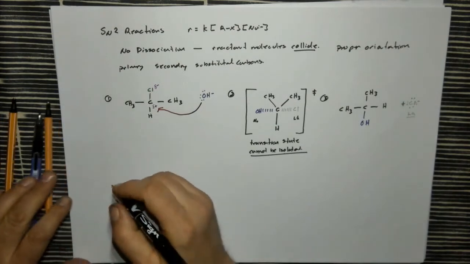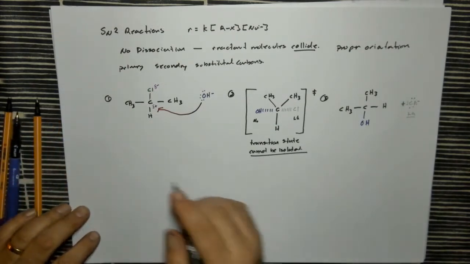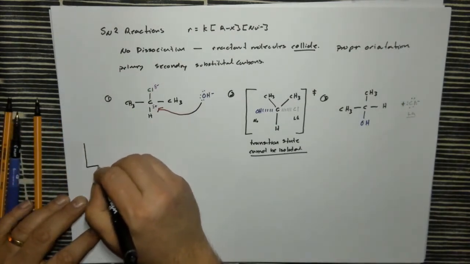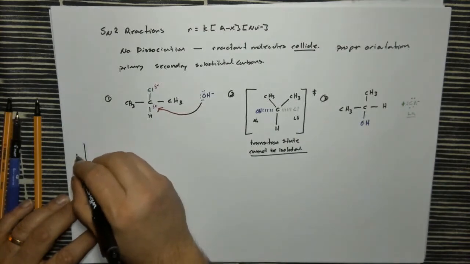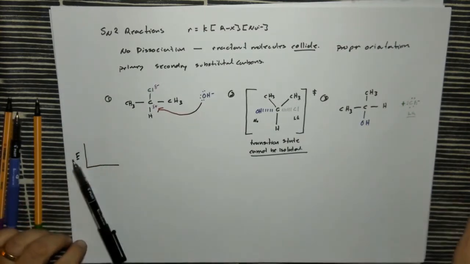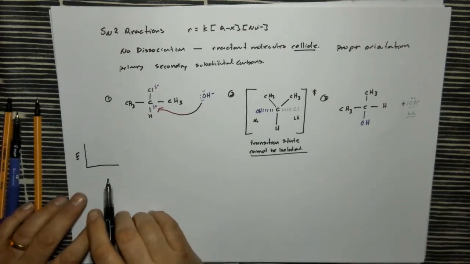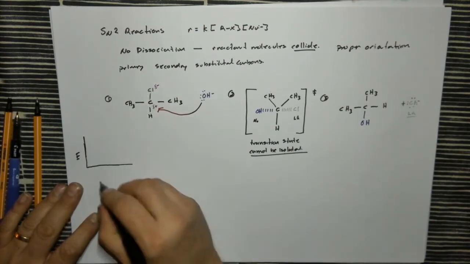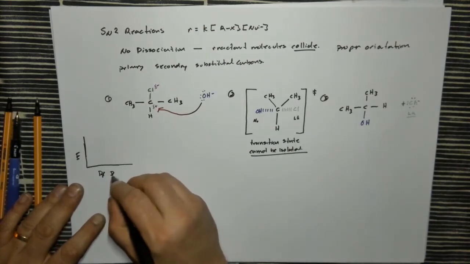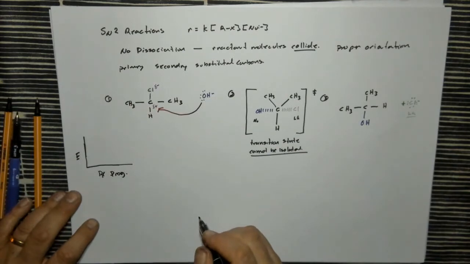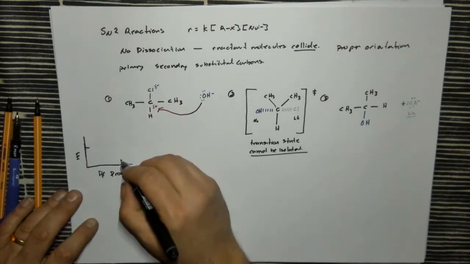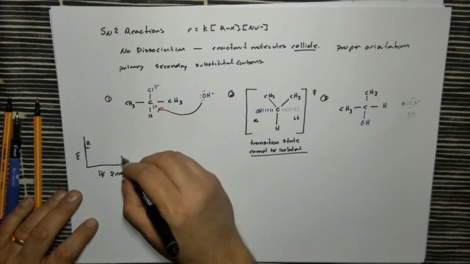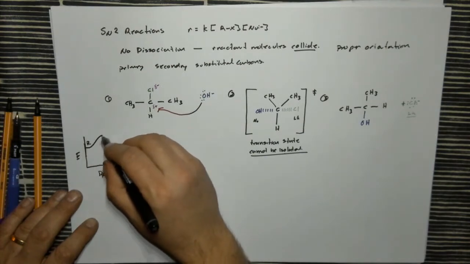In an SN2 reaction, as opposed to an SN1 reaction, if you look at the energy diagram, here's the reaction progression, and here's our reactant, and here's our product. There is no saddle.